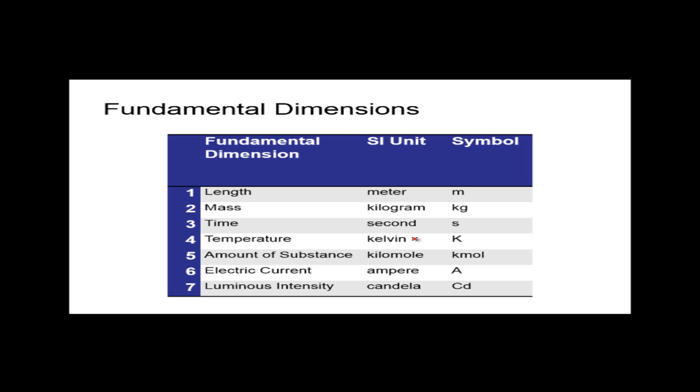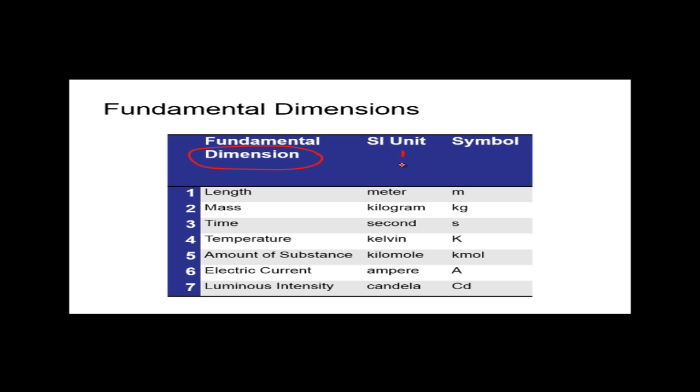So how many fundamental dimensions are used to describe every property throughout science and engineering? Seven fundamental building blocks. What are they? Length, mass, time, temperature, amount, electric current, and luminous intensity. This is what we call the dimension.